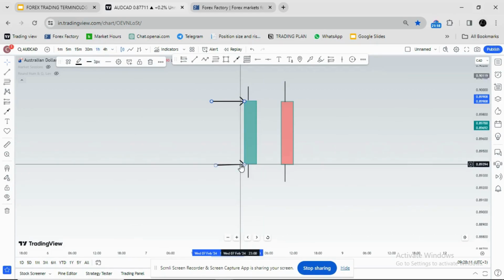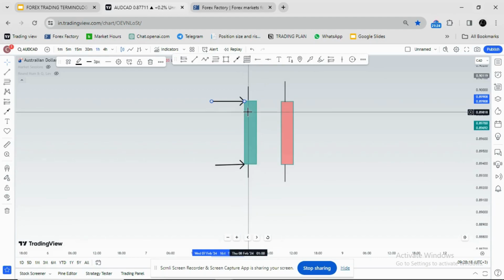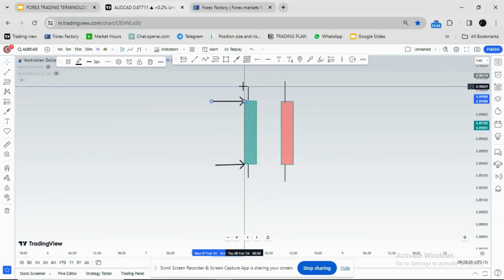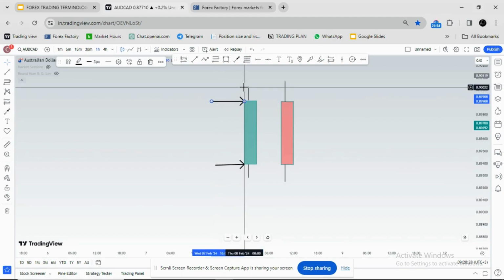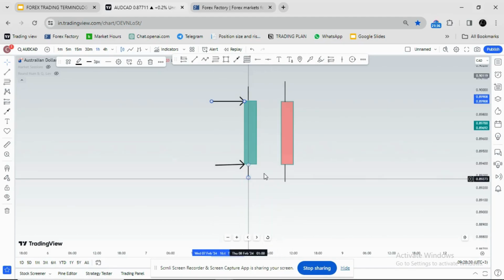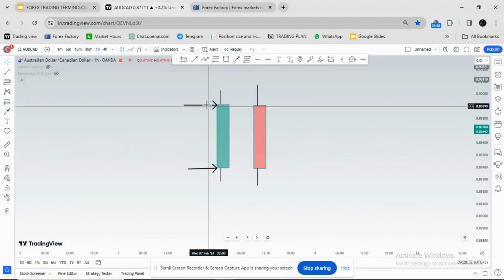Immediately at 4 p.m., whatever time it is. And then it does whatever it does for the full hour. It goes even up to here. Then finally, when it's at 5 p.m., it closes here. This is the closing price. Then this one is the high and this one is the low, right?